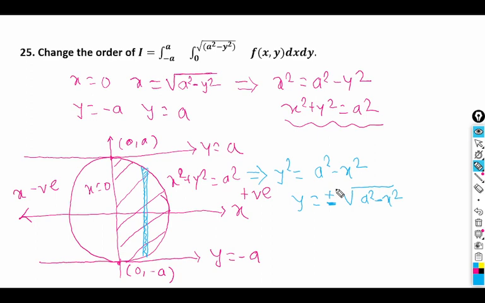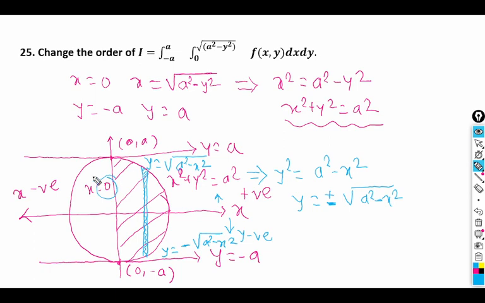And that is the main task here. You will observe below the x-axis, y is negative. Above the x-axis, y is positive. So what is the lower limit? The lower limit is y equal to minus root of a square minus x square, which is on the lower side, while the upper end is y equal to plus root of a square minus x square, and that is the new limit of y. What about the limit of x?